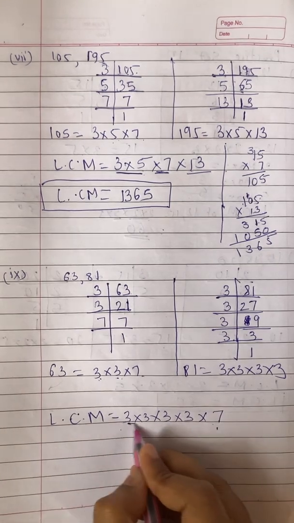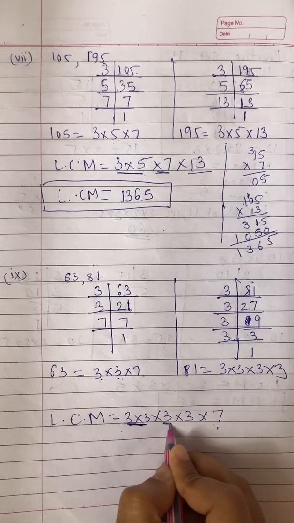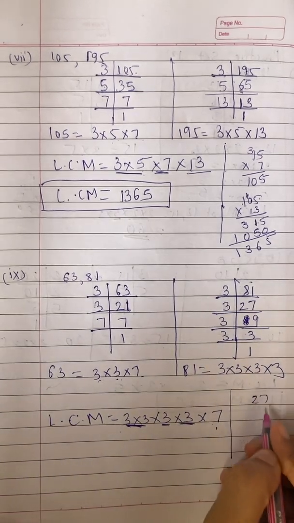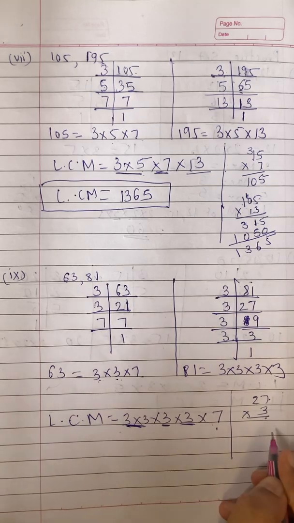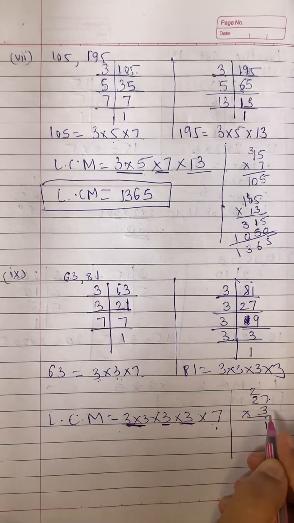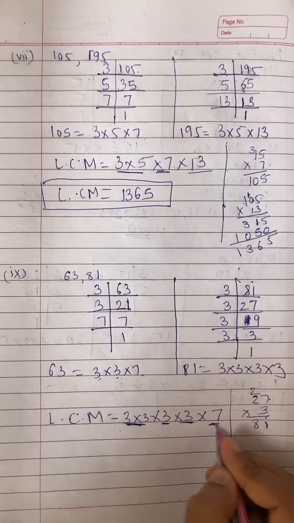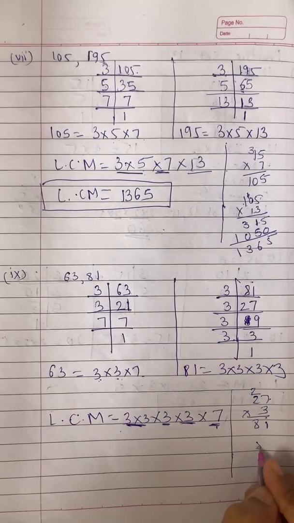Now you multiply. 3 3s are 9, 9 3s are 27, 27 3s you have to do. 27 into 3. 7 3s are 21, 2 carry, 3 2s are 6, 7 8, 81. Now 81 into 7 is left. So 81 into 7 you do.